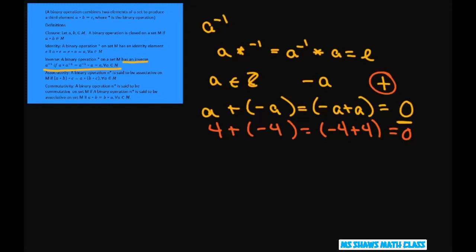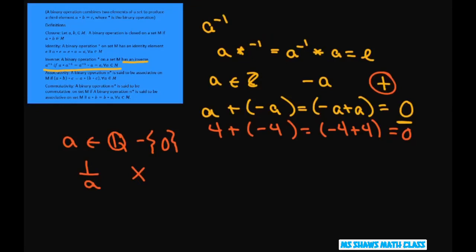All right. Every element in our rationals, so A that belongs in the set of rationals, take away 0, has an inverse of 1 divided by A under the binary operation of multiplication.